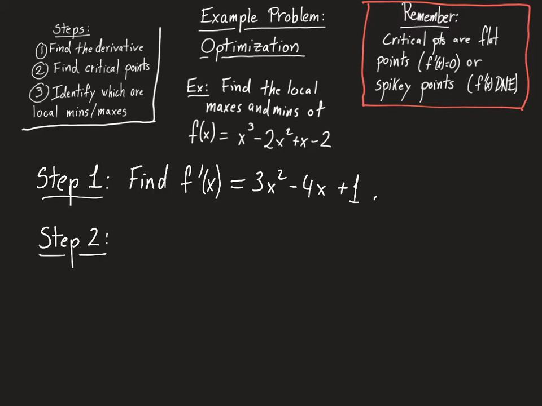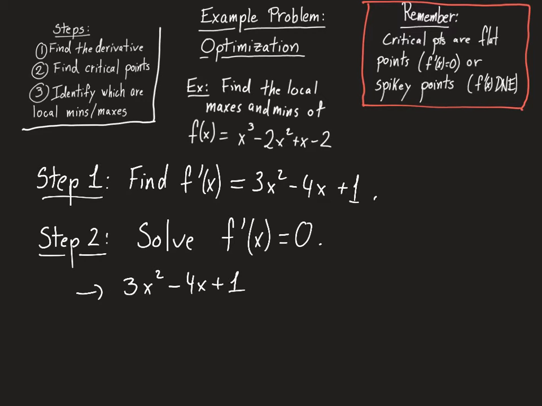So the first and sort of key step involved in any of these optimization problems is going to be to solve the equation f prime of x is equal to 0. In this case, we have just calculated that f prime of x is equal to 3x squared minus 4x plus 1.